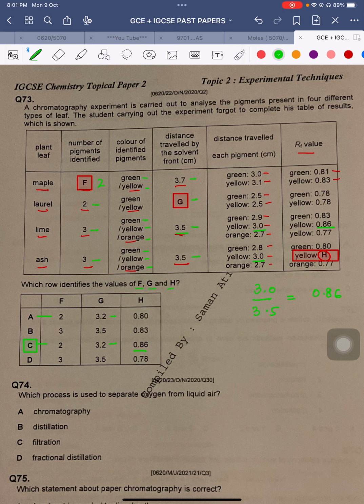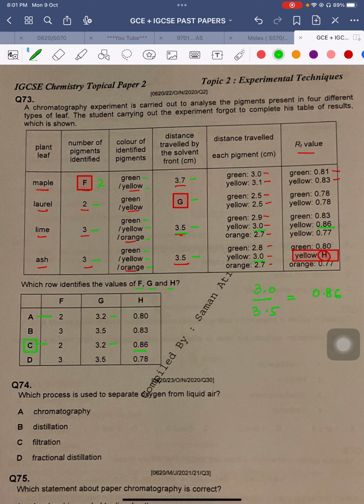Now I'm repeating this question. This question has lots of data, but it was not very difficult to interpret. How have we interpreted F? We have seen that 3 and 3 for lime and ash are converting themselves into green, yellow, orange. Whereas 2 is converting itself for laurel into green and yellow, and maple in F is converting itself into green and yellow as well.